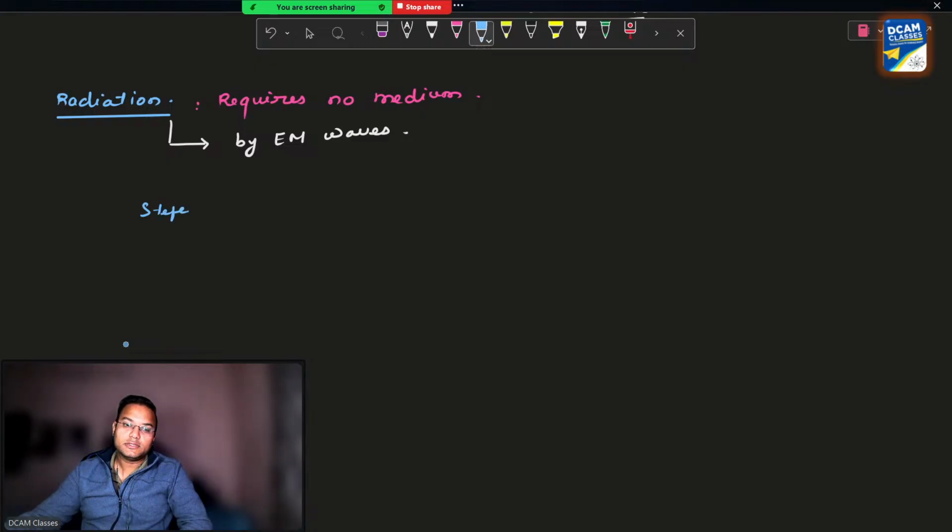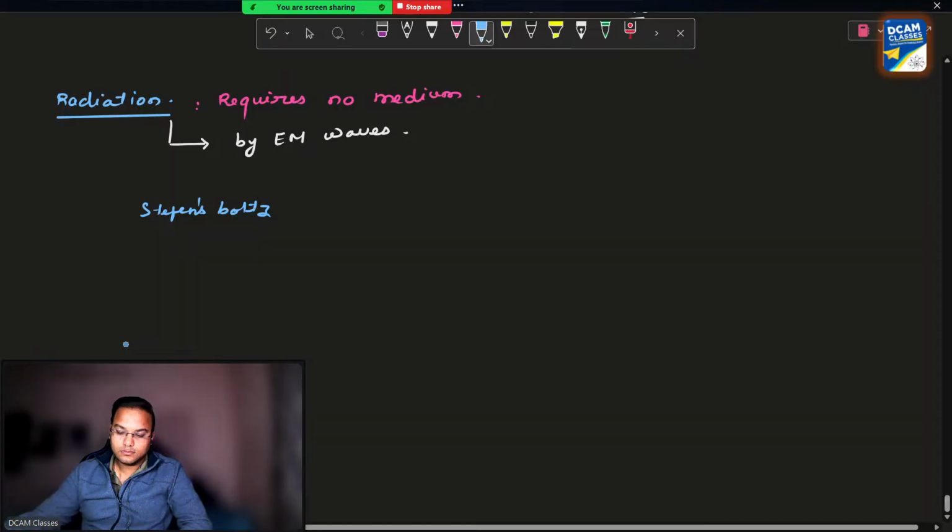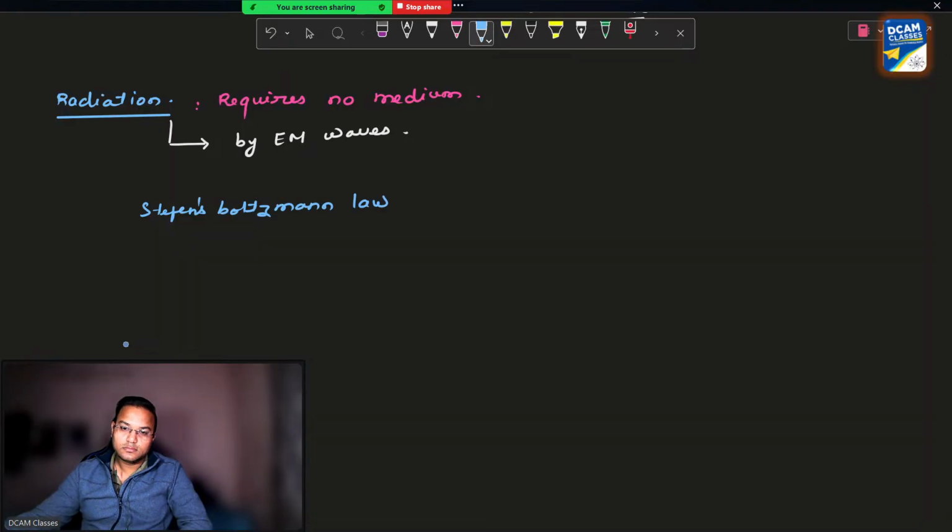First is your Stefan-Boltzmann law. What is the Stefan-Boltzmann law?